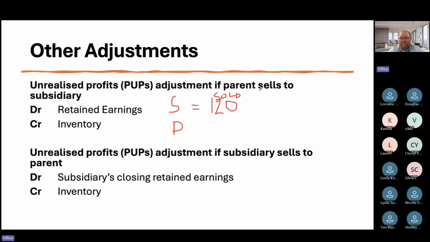But the cost price of these goods was, let's say, £100. So then they sold them to the parent. The parent bought them for £120.